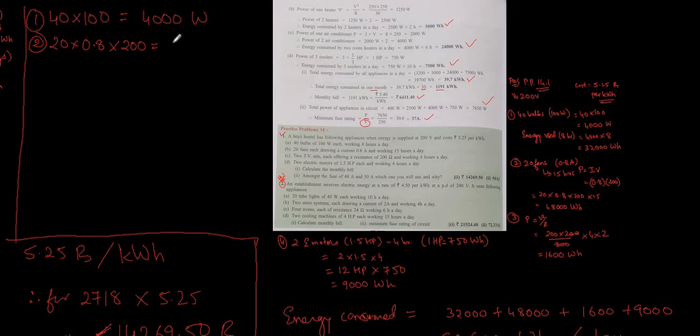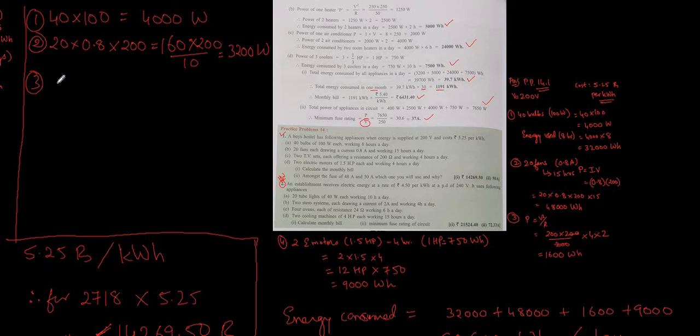So how much does it come up to? It comes up to 16 multiplied by 200 divided by 10, that will be 3200 watts.